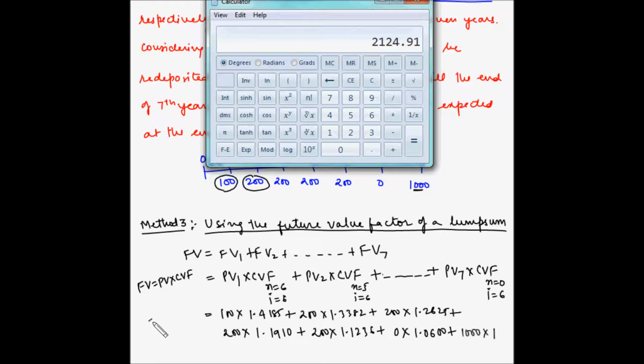So the answer is equal to 2124.91 rupees, which is the same that we got in the previous two methods.